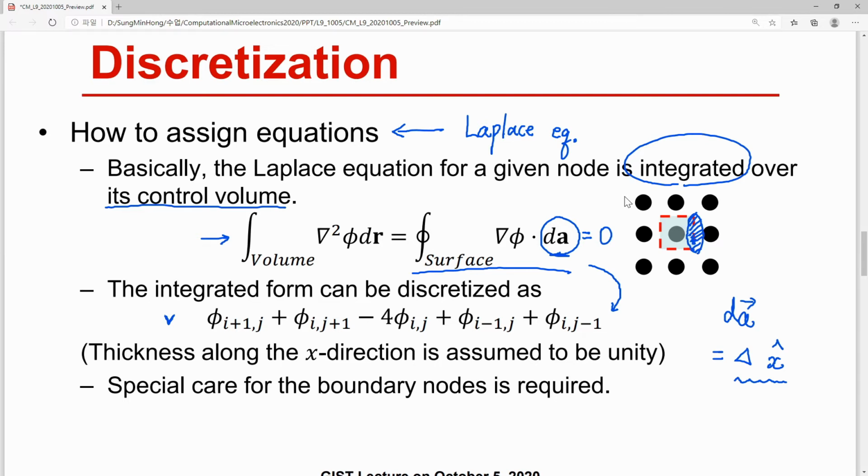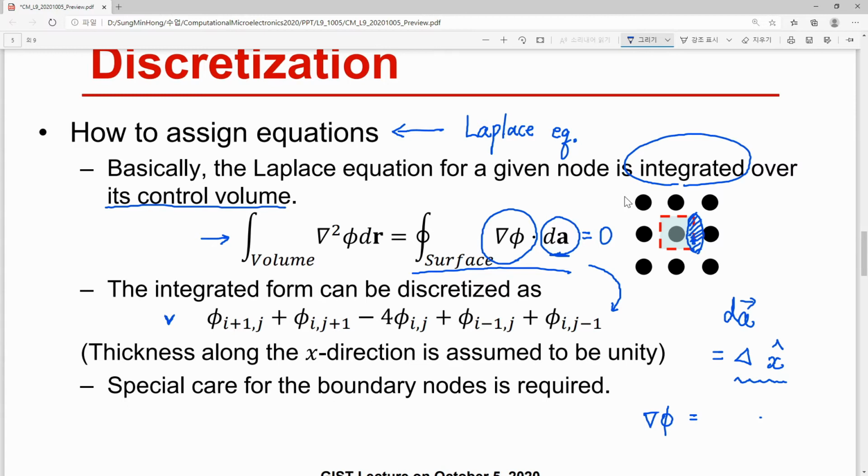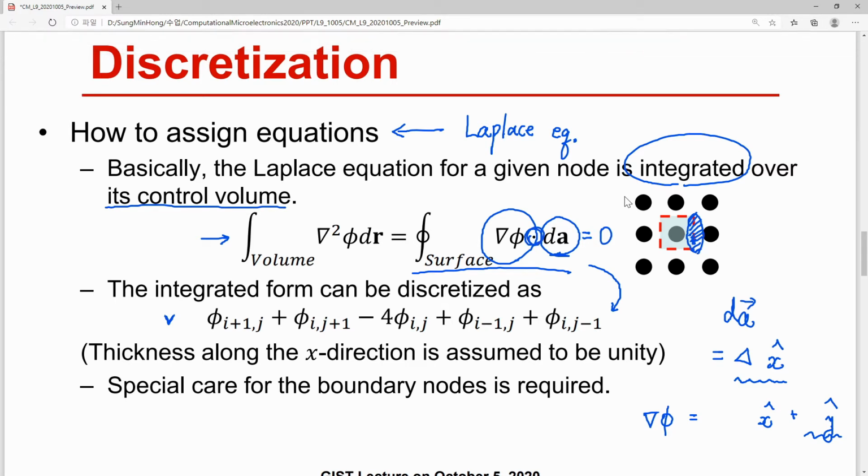And how about our gradient of phi? Of course, gradient of phi can have its x-directional component and y-directional component. But the y-directional component doesn't matter because we take the dot product with dA, and you know that dA is aligned with the x-directional unit vector.